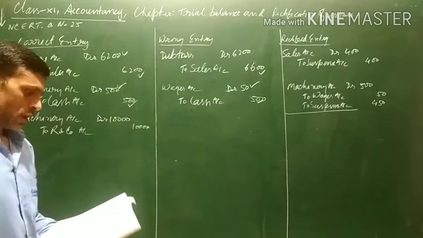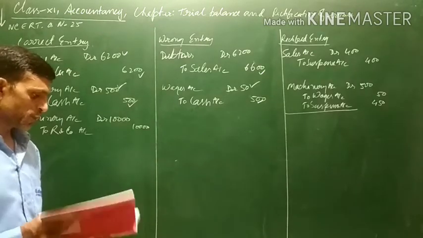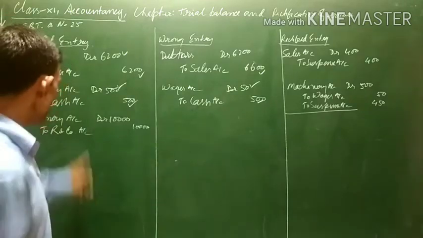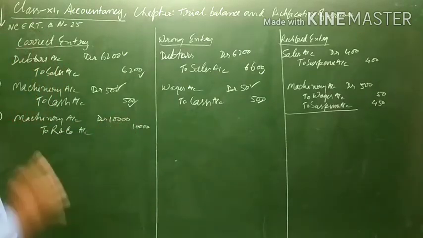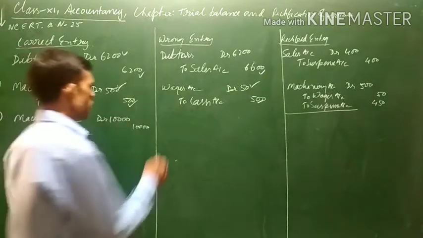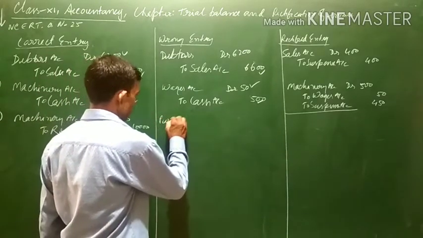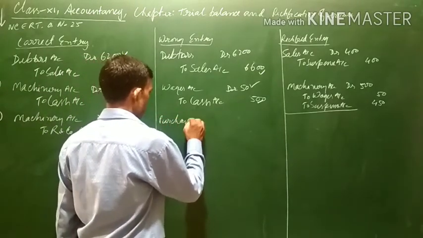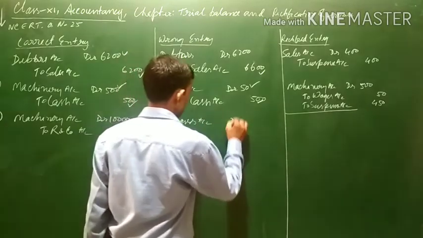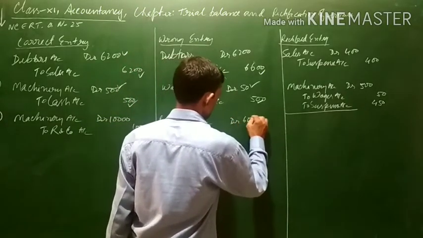Now it has been entered in the purchases book as 6,000. Instead of debiting machinery, it has been recorded as purchases. As you know, purchases is also a debit, so purchases account has been wrongly debited with 6,000.